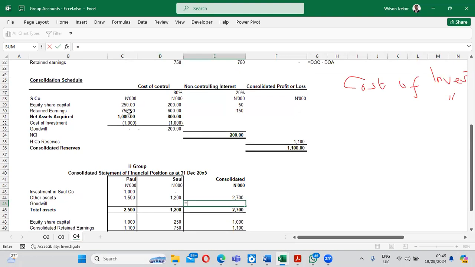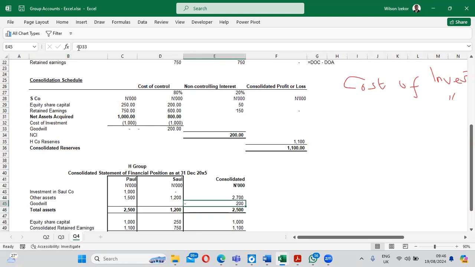So you can see it's not this one. This one is what is coming directly from the SOFP, while this one, we have applied the 80% on it. So you pick the goodwill, which is the 200. Okay. So if you add this to this, that should be 2.9.